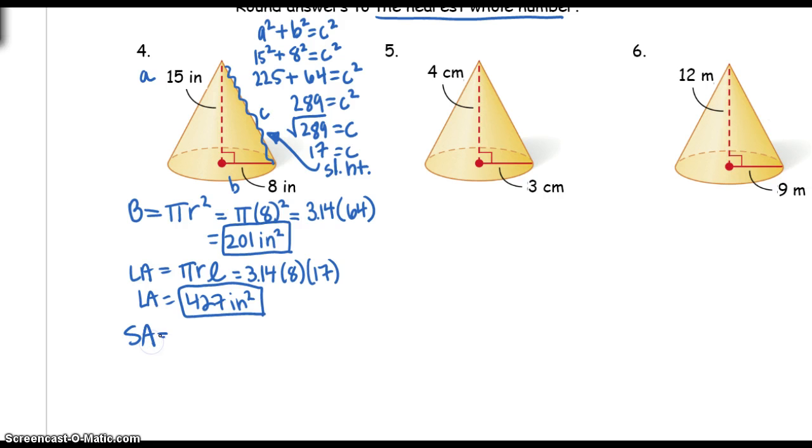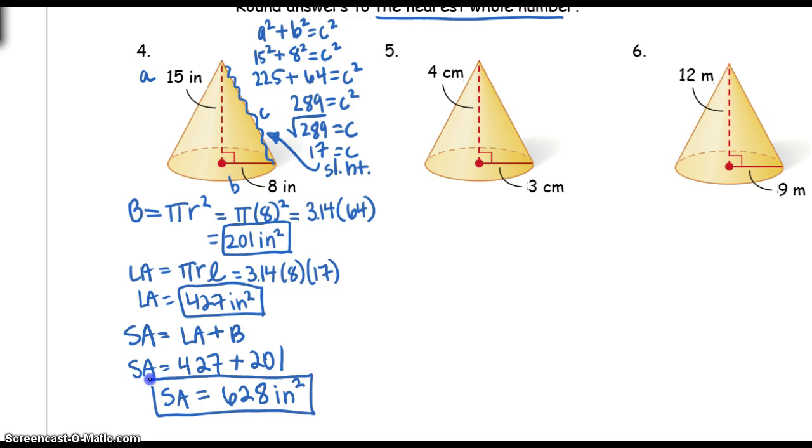Well, we know that our lateral area is 427, and we found that our base is 201. So if we add 427 and 201 together on our calculator, our surface area is 628 inches square. There is our surface area.